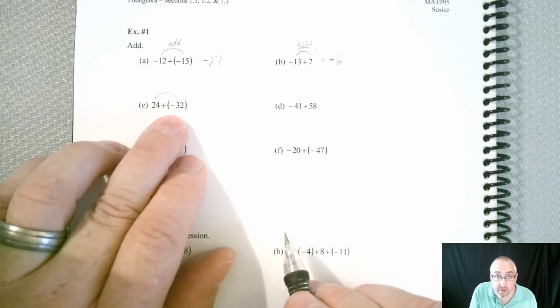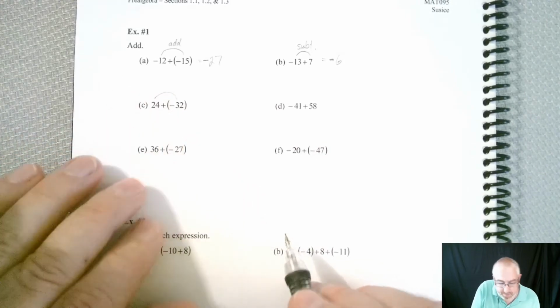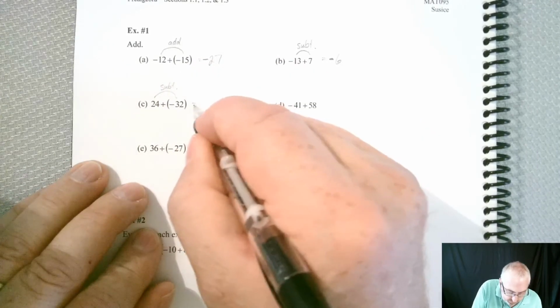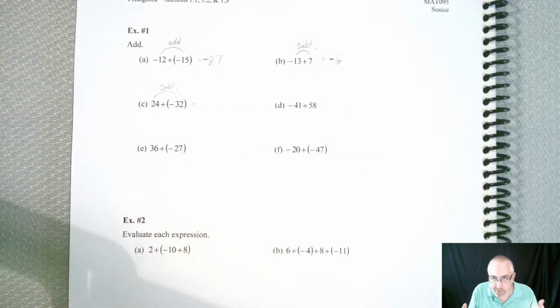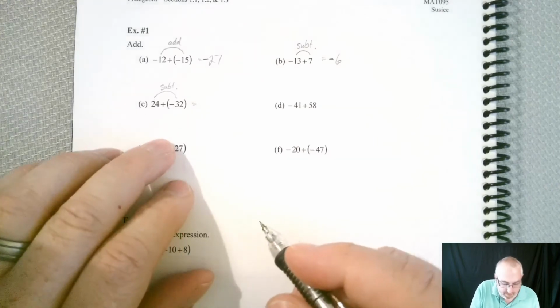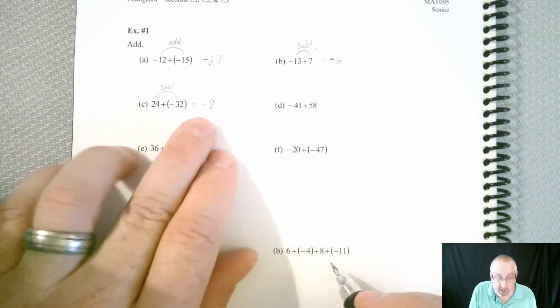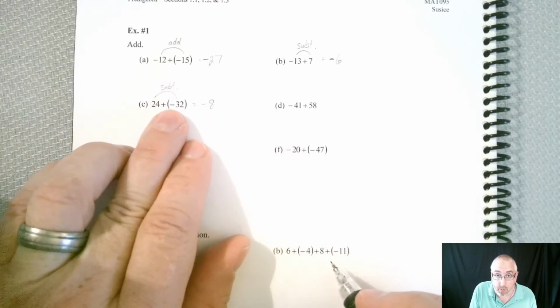Next, 24 and -32. Signs are different. You've got to subtract. Now if you're a little rusty doing some subtraction like this, it doesn't hurt to use a calculator or use your fingers, whatever you've got to do. Just make sure you're getting it right, and then make sure you get the right sign on it. It should be negative because the 32 is the bigger one.